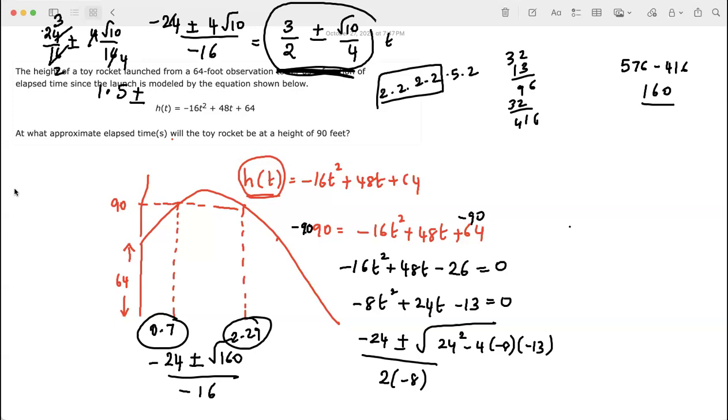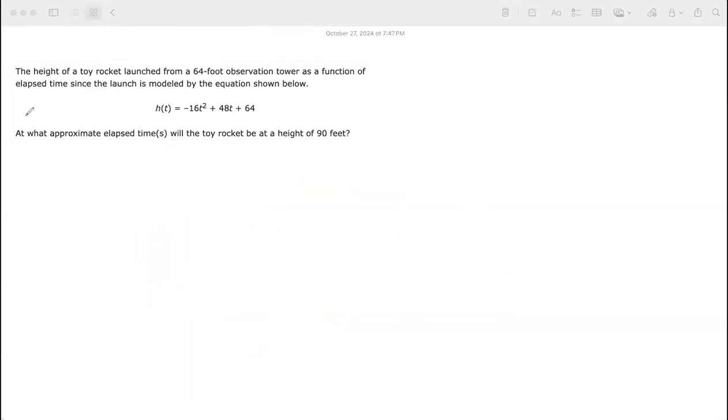The formula for the numbers you put in the square root. That one? B square minus 4AC. This is minus B plus or minus square root of B square minus 4AC divided by 2A. Okay, thank you. We didn't finish quadratics in school. We're just on it right now. Okay, that's good.